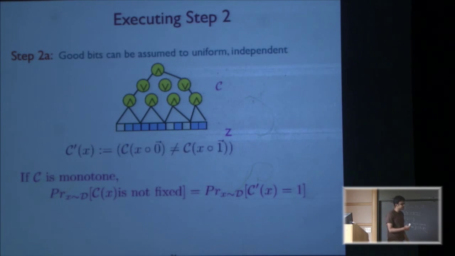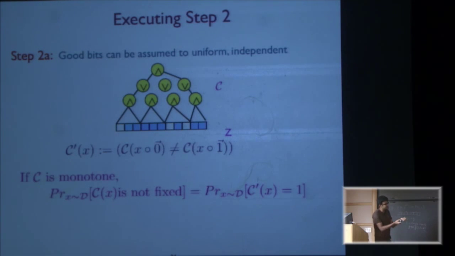Why is that? Because if C is monotone, let's fix the good guys to x. Then this circuit C prime checks if C with the good guys set to x and the bad guys set to 0, and the good guys set to x and the bad guys set to 1, are different. Since it's monotone, if they're not different, it implies that the bad guys could not influence this function C, right?